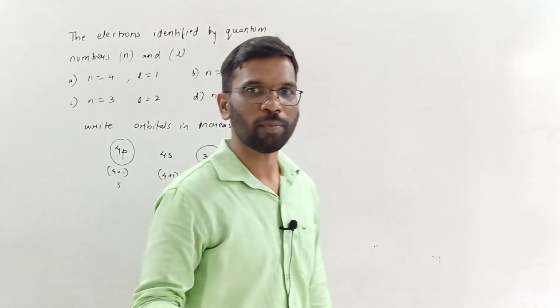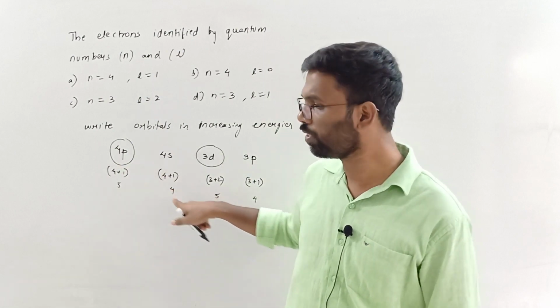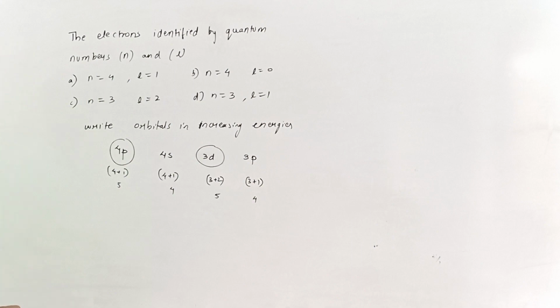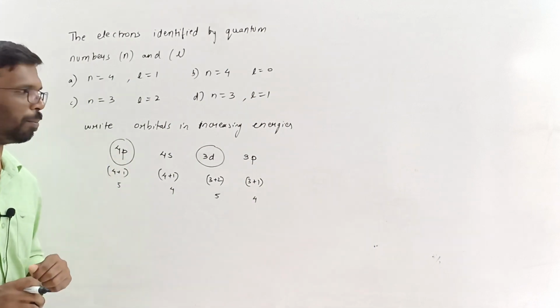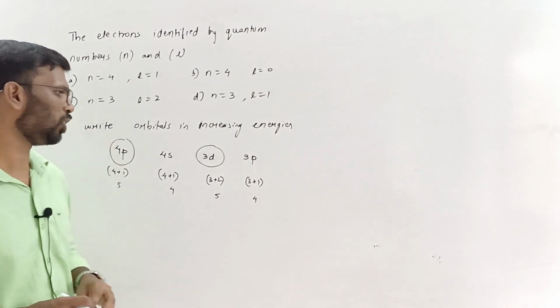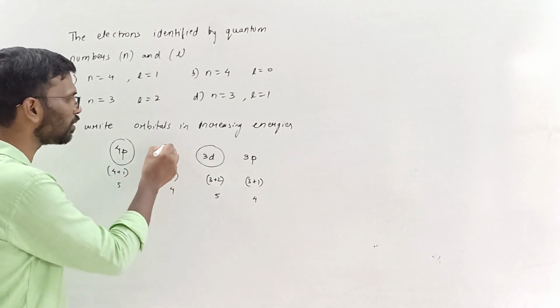When the sum is the same for both orbitals, then we have to choose the one which has the higher principal quantum number, right? But the question asked is increasing, which means least energy first. So the least energy is between this and this.